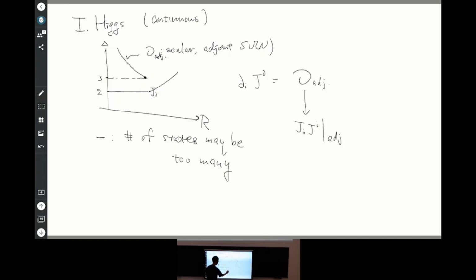Of course, this is not a very strong argument, but intuitively, this sounds like leading to too many operators or too many states in the flat space limit.